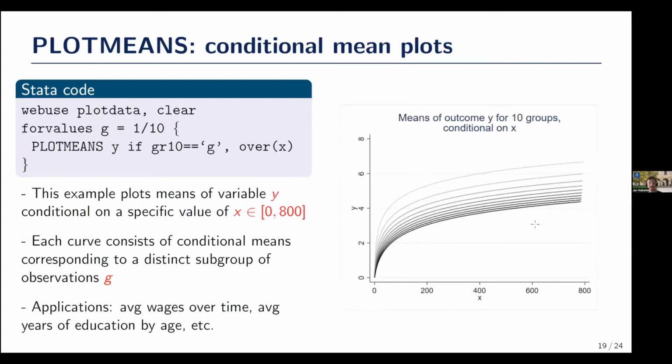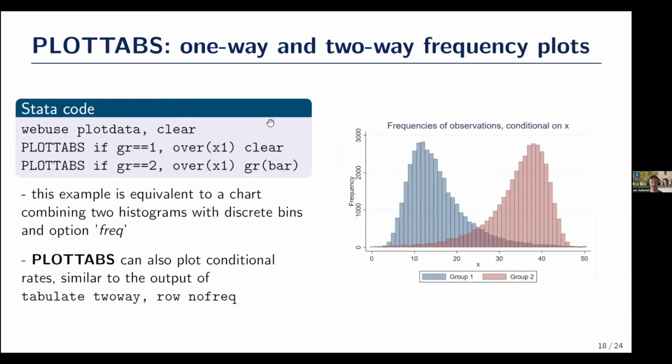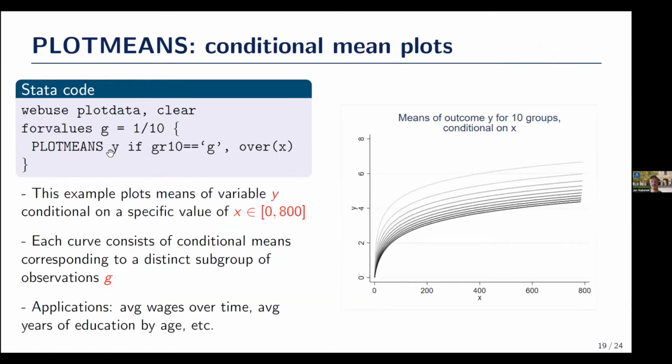Now, plot means does a slightly different thing, and that is that it plots conditional means. So here I was plotting just the tabulations or the rates, and here I'm essentially expanding this toolkit to continuous variables, right? So rather than employment, we can start thinking about wages, and what are the average wages conditional on, let's say, age or educational attainment.